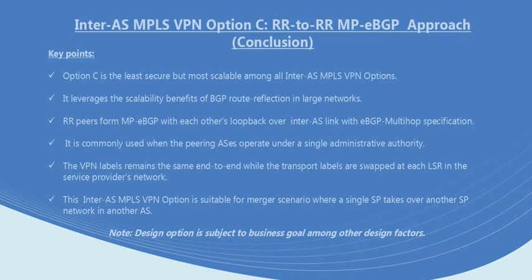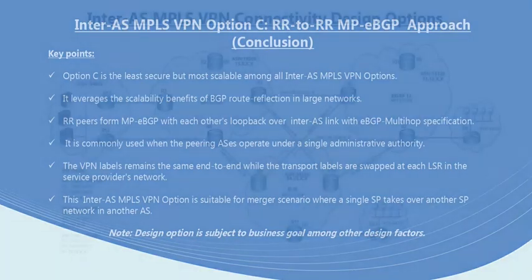Then this would actually be a good option. But then it's not so mandatory to stick to option C, because there are other options that can fetch the extension that you want to do. Remember that the design option is subject to business goals among other design factors.